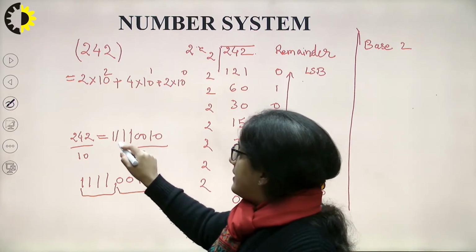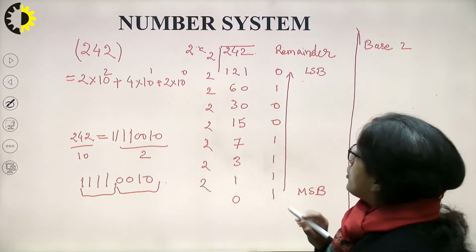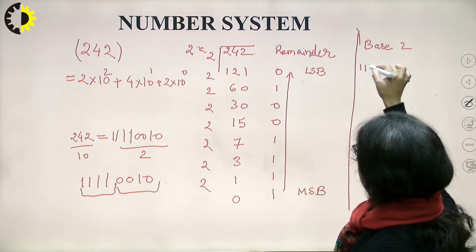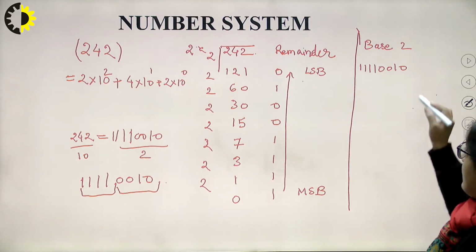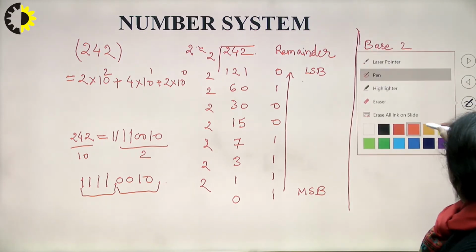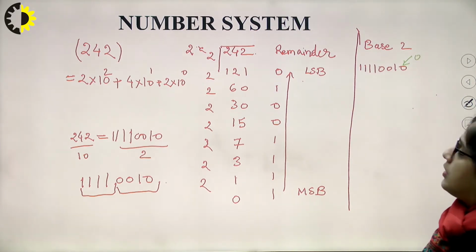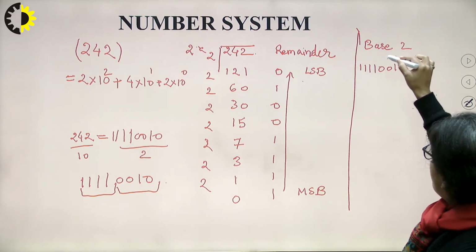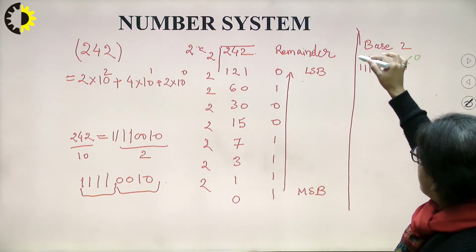Similarly, if I have to write this 1111 0010 in expansion form, I will write 11110010. I will change the pen color. Starting from the right, the powers are 2 to the power 0, then 2 to the power 1, 2, 3, 4, 5, 6 and 7.